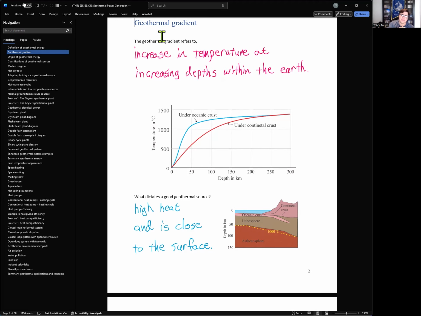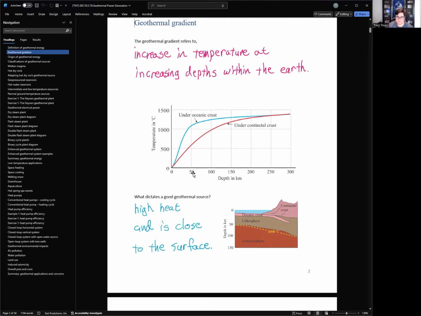So geothermal gradient is the concept that the temperature will increase as we go lower into the earth. So increase in temperature and increase in depth within the earth. So basically, if you look at this graph, at the surface, we don't have much heat because it's all radiating into the air, into outer space eventually. So where we live on the surface is not that hot.